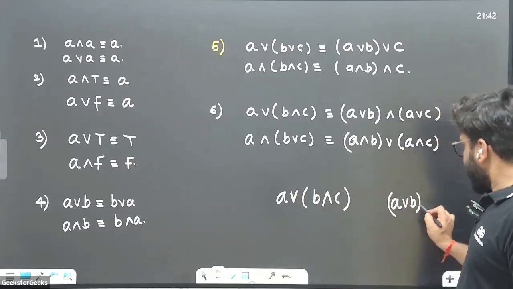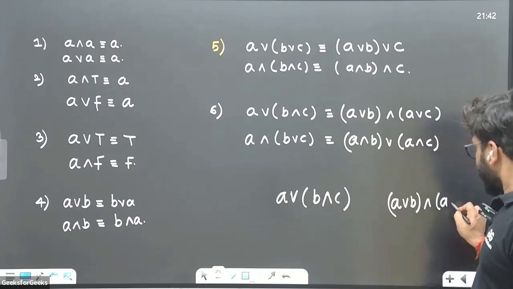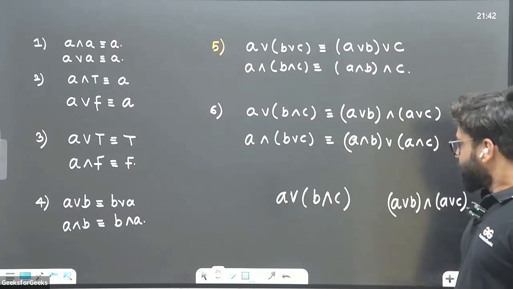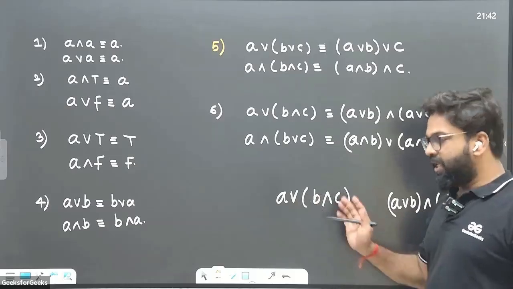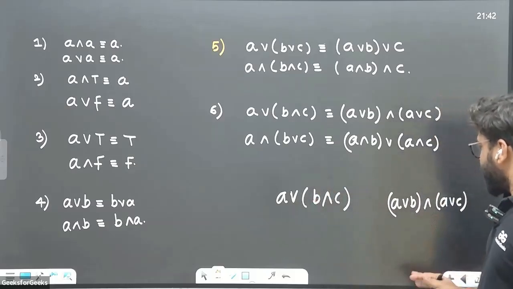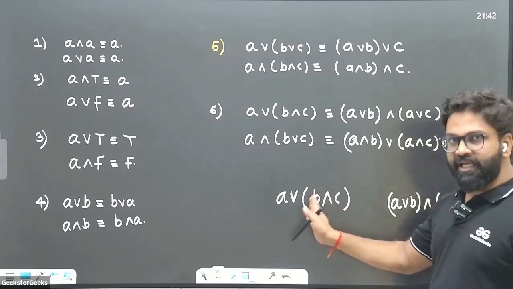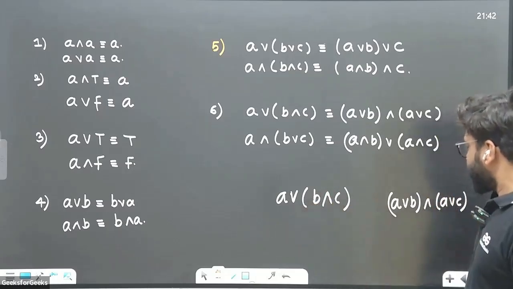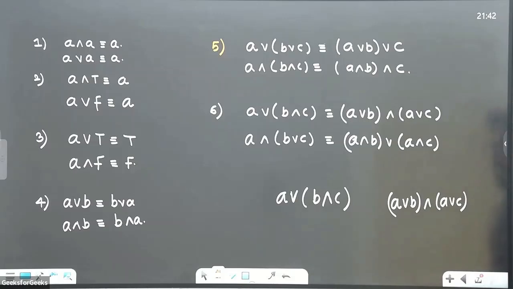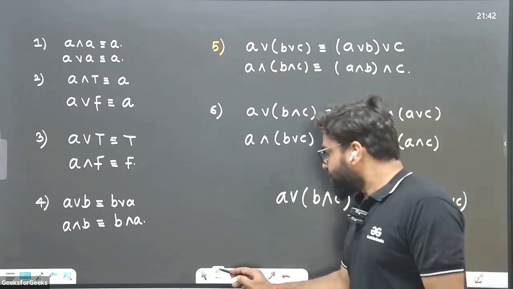You will get A or B, and then and, A or C. So this takes an entry here: A or B and C, you will get A or B and A or C. So you take the left side, you take an entry, and you make the right side, A or B and A or C. My point is very clear.